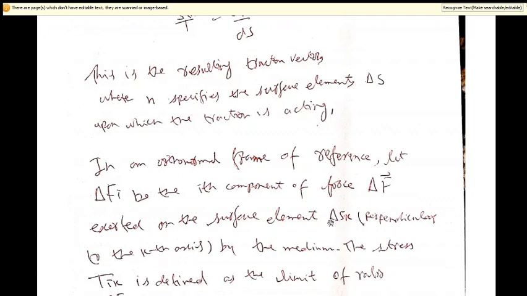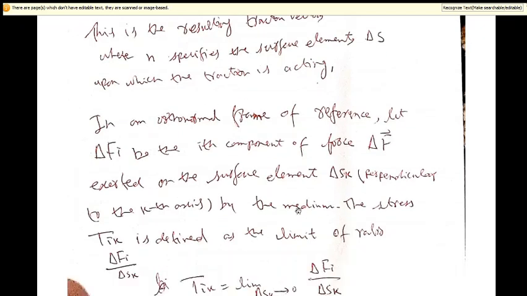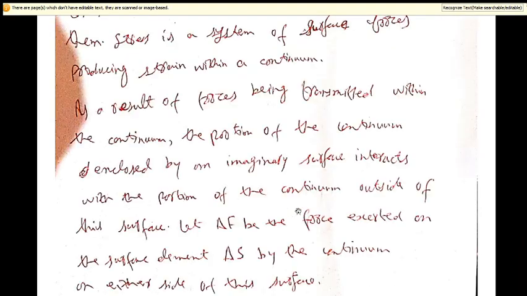You have a surface element whose normal is in the kth direction, and delta F i is the ith component of the force acting on that surface element by the medium, meaning by the continuum on either side.